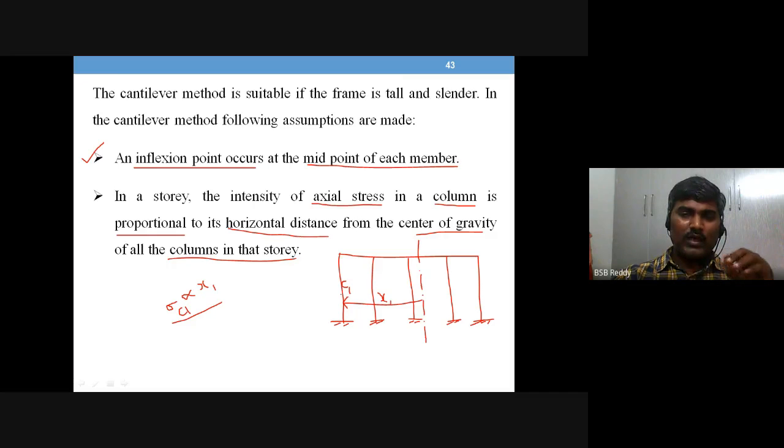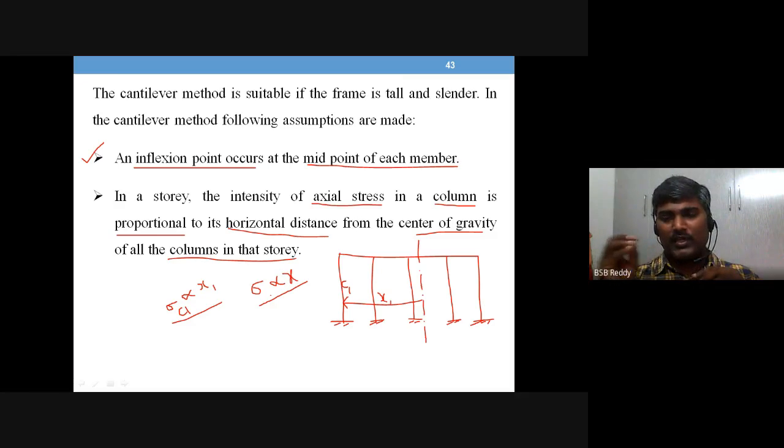So axial stress is proportional to its distance from the CG of all those columns. In a simple manner, I write it like sigma is proportional to x, sigma of column. So axial stress in a column is proportional to its distance from the CG of all the columns in that particular story.